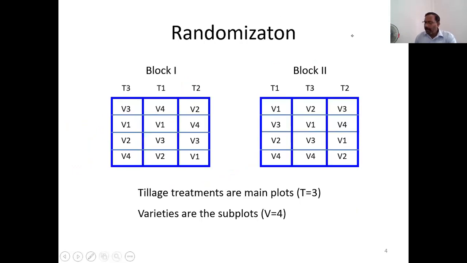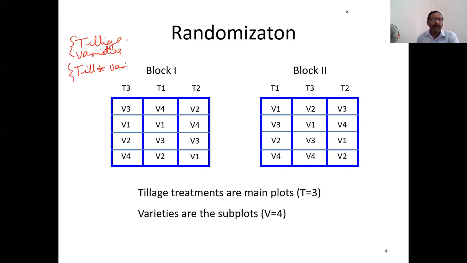This is the problem where I said that here we have tillage, 3 factors. Tillage is a main effect. The other one is varieties. The third one is tillage by varieties, which is the interaction.